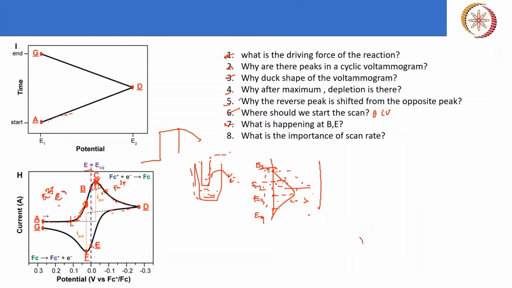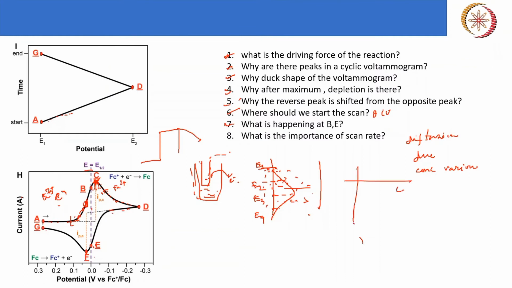After that, the current decreases due to the diffusion process. So why this depletion happens is what we asked in question number 4: why is there depletion after the maximum? As we have discussed earlier, this is the diffusion process, due to the concentration variation.